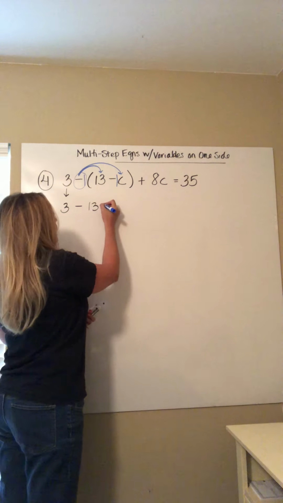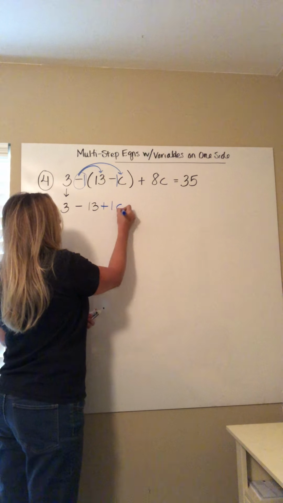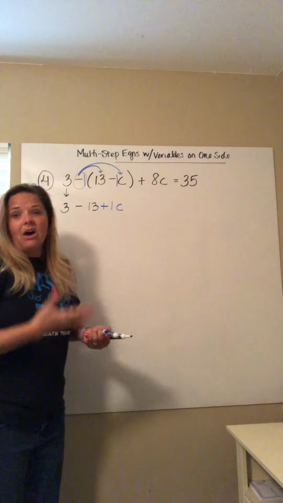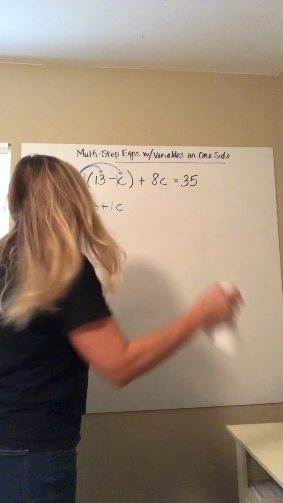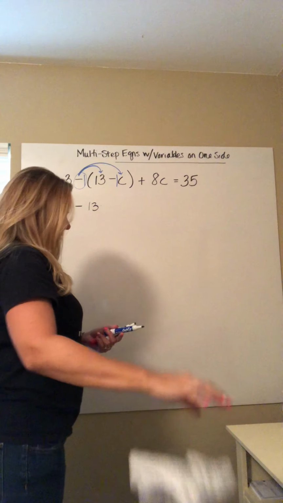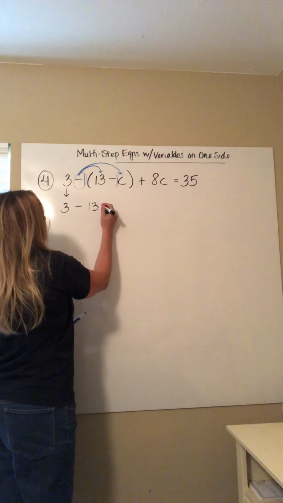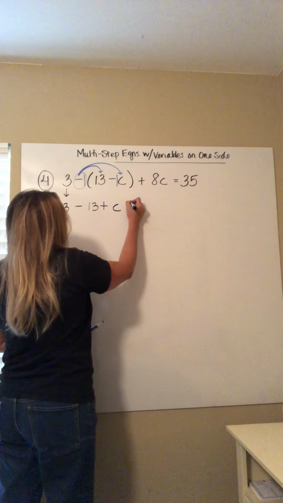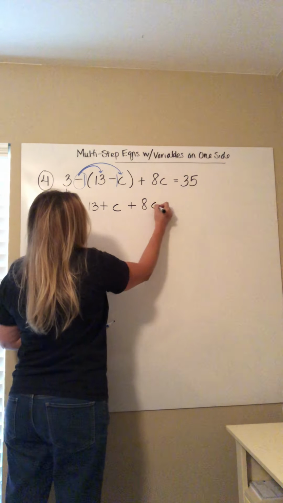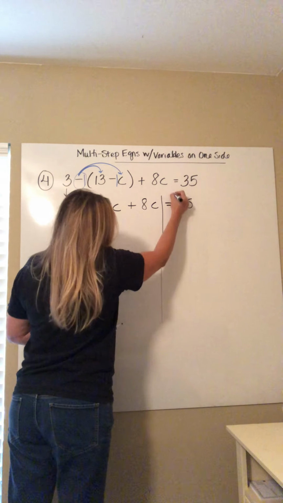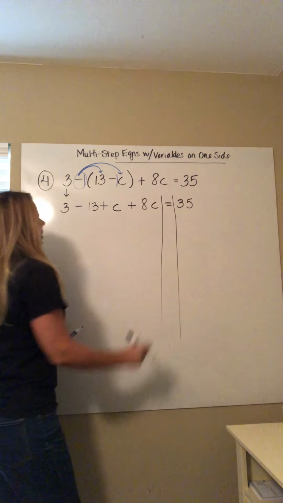When we get to algebra, we don't write positive 1c, because if it's just a variable by itself, there's just one of them, we know that when there's not a number there. So I'm gonna write plus c. Let's bring everything else down. Plus 8c equals 35. And now I'm gonna go ahead, draw my lines, and let's go ahead and get started.